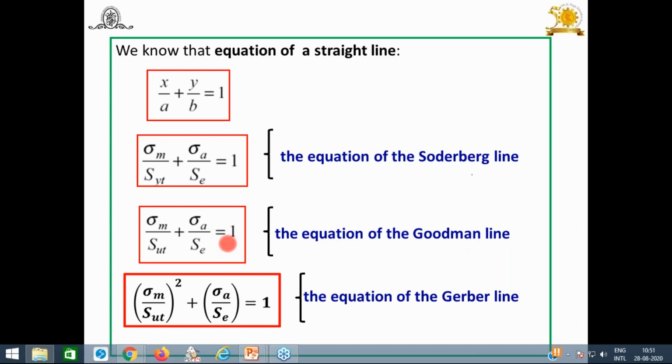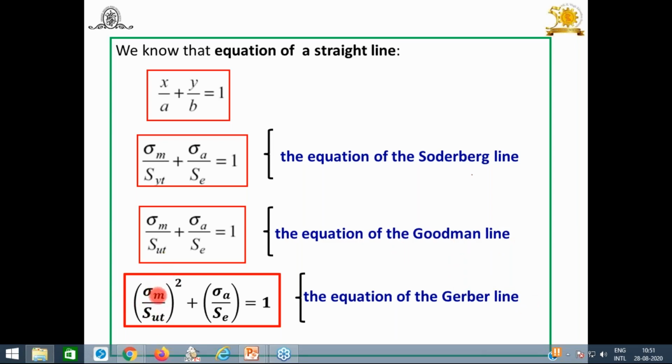And what about the equation of the Gerber line? It's a parabolic curve. And you know the equation for a parabolic curve, that is (x upon a) whole square plus y by b is equal to 1. And what is the Gerber line? It's like a Goodman but having a parabolic curve.